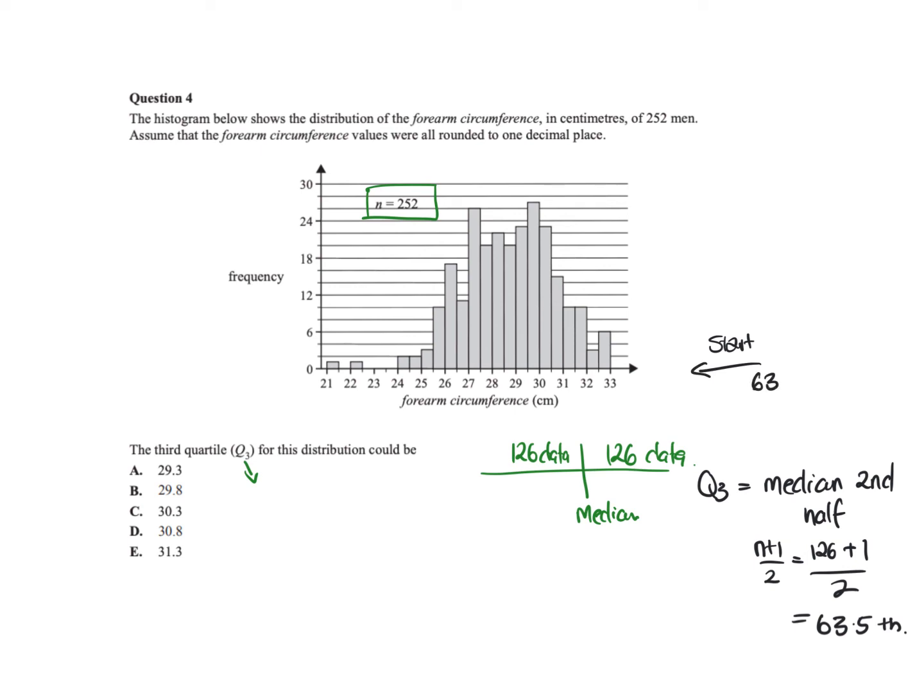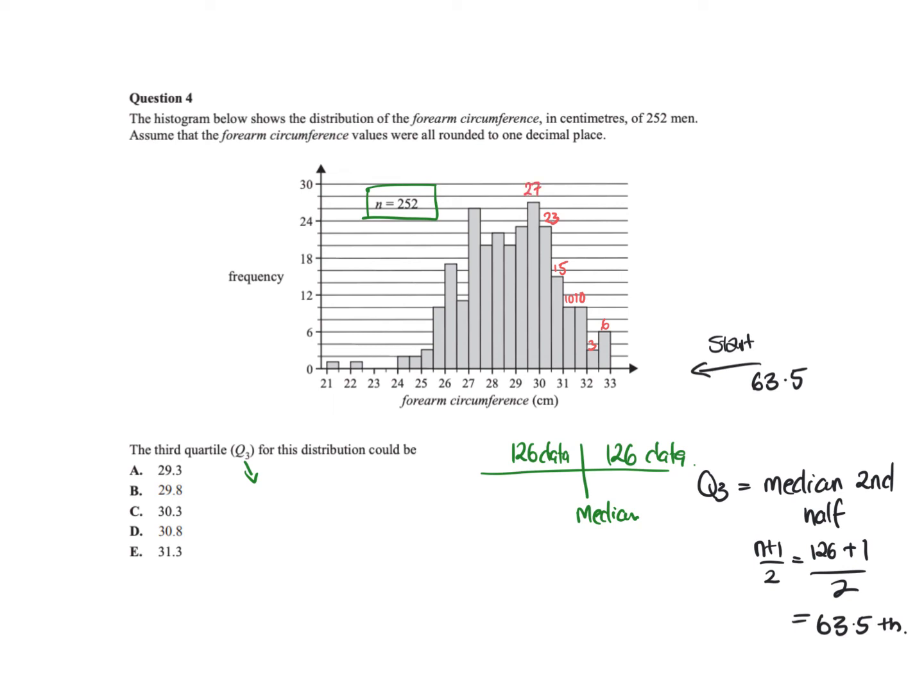With Q3, we start at the end, and we're going to go in until we get a frequency of 63.5. So if we add them all up, I'm just going to put what's on top of them: 6, 3, 10, 10, 15, 23, 27. I'll stop there and see how we go.